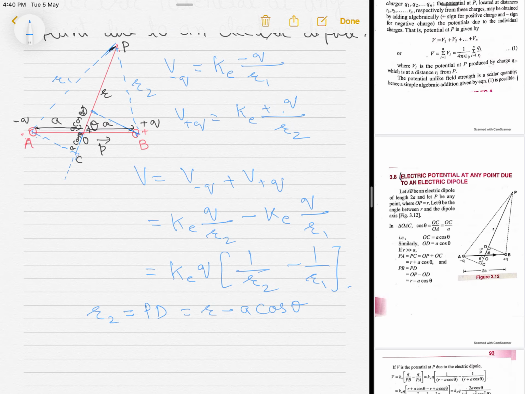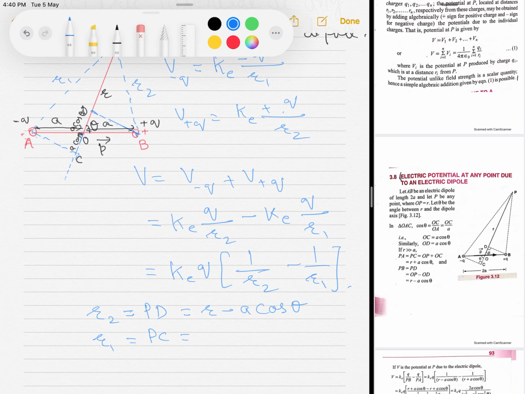Similarly, OD is also a cos theta. From P to O is r. So, if we subtract a cos theta from r, then it is r2. And r1 is equal to PC, we can assume this because the dipole is very small.